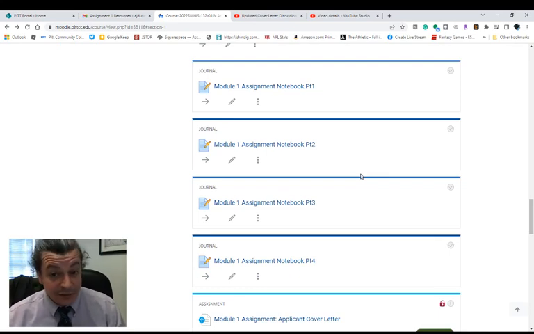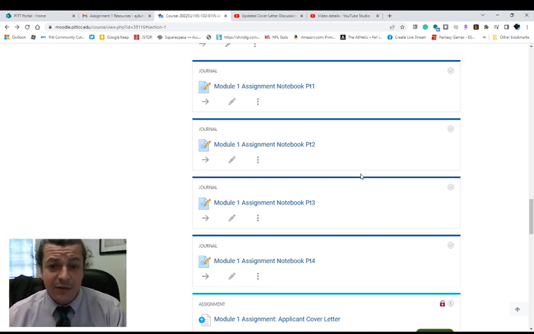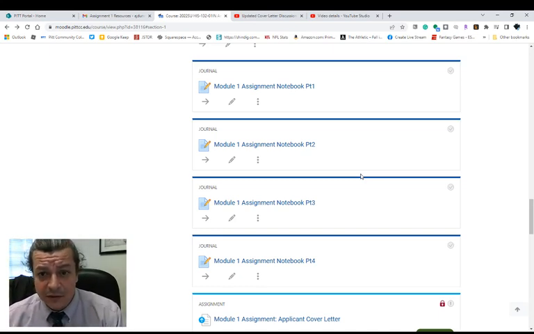These are probably the most important. They're not the most valuable when it comes to the overall contribution to your final grade, right? The module 1 assignment is far more valuable than the assignment notebooks. But the more you put into these notebooks, the easier that module assignment is going to be, the more you're going to get out of it, and the more positioned you are going to be for success.